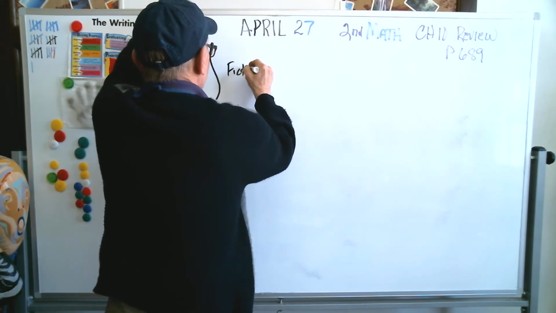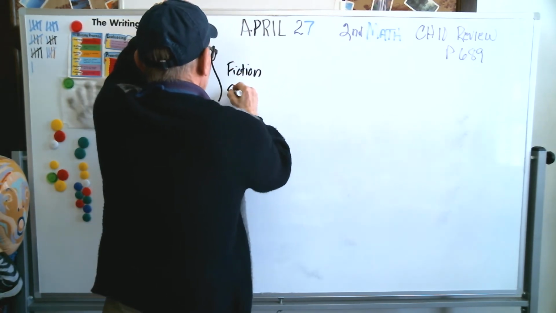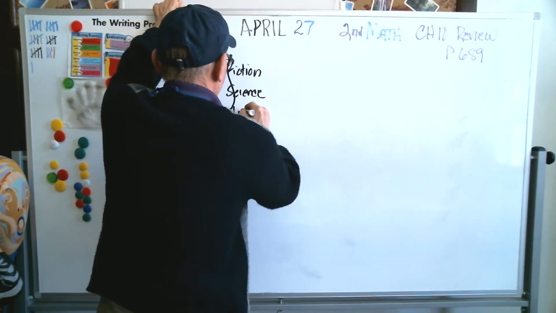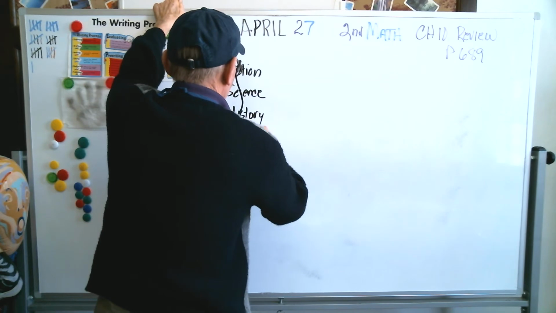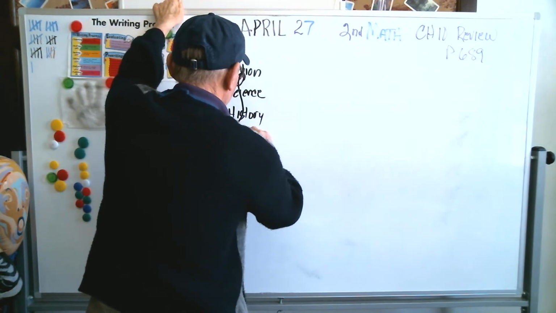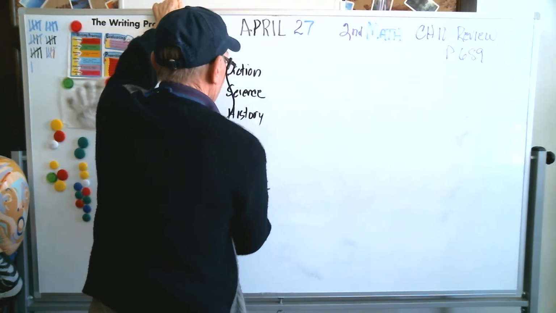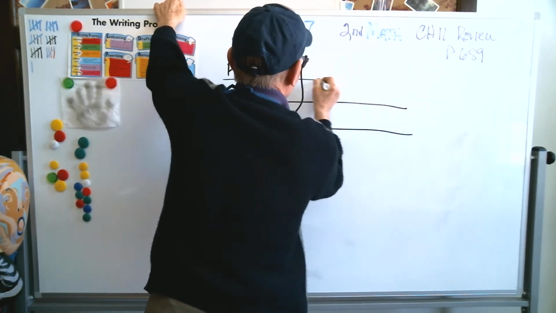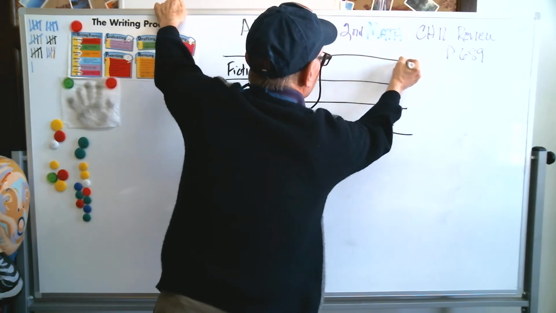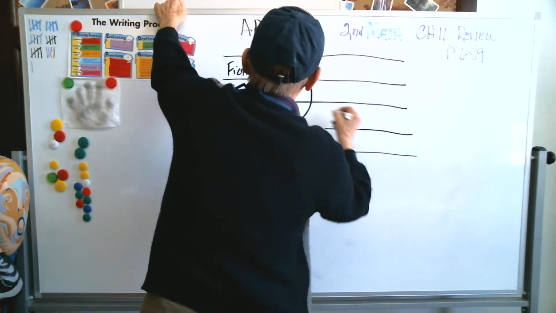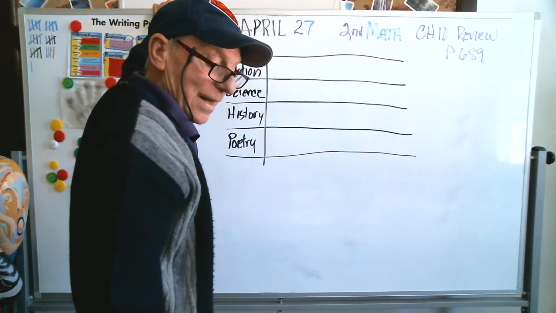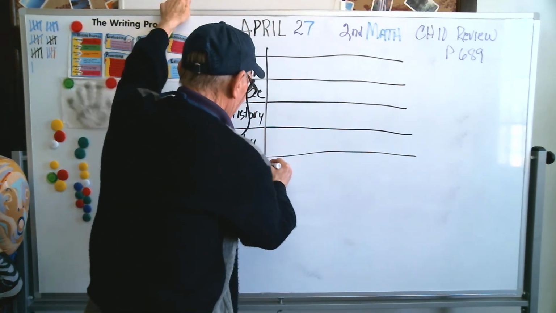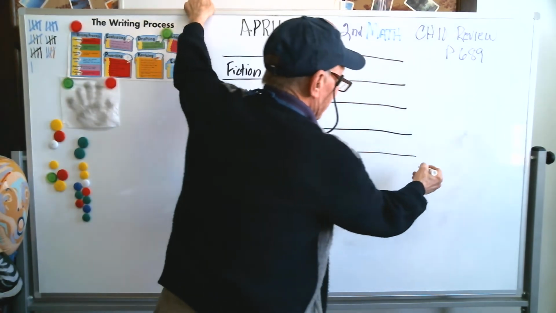Fiction, science, history, and poetry. They put that on the side rather than on the bottom. And then along the bottom, they put numbers from 0 to 10.